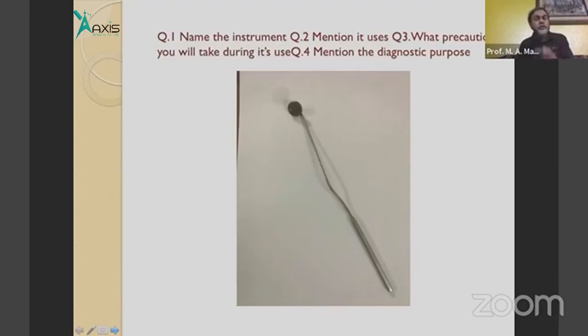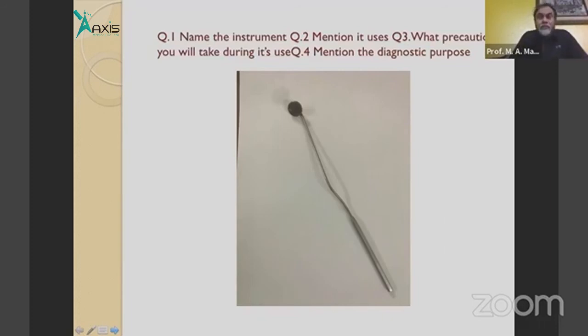Do not push the tongue depressor to the back of the tongue, otherwise the patient will have a gag reflex. So these are precautions you have to be very careful about.